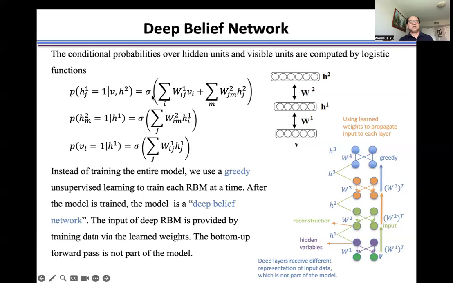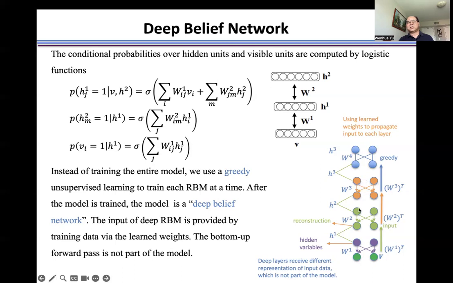Instead of training the entire model, we use a greedy unsupervised learning to train each restricted Boltzmann machine at a time. After the model is trained, the model is a deep belief network in which the top block is the undirected graph and the rest of the blocks is a directed graph.